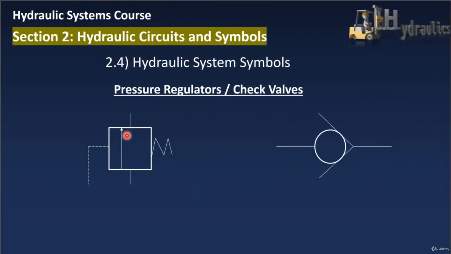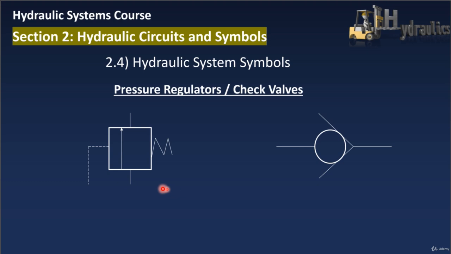Pressure regulators and check valves will be represented in this way. This symbol represents the pressure regulator. The pressure regulator needs to ensure a certain pressure value passing to the actuator or cylinder, and if it is exceeded, then it needs to be released to the reservoir.